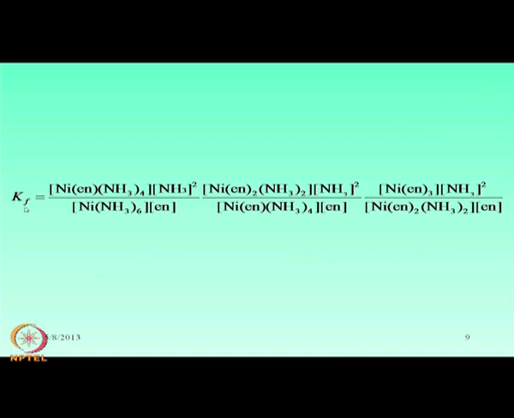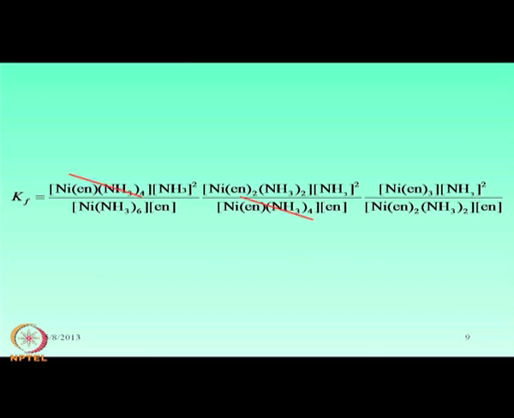Now, we see that the entire Kf value will therefore be the product of the corresponding K1 value for the formation of the species by the attachment of 1 ethylene diamine molecule, then the formation of the second species, that means the K2 value with 2 ethylene diamine groups attaching to the nickel center, and then third the K3 value for the formation of the tris-chelate, and the other individual species concentrations that we are utilizing to write down those expressions on the right hand sides.